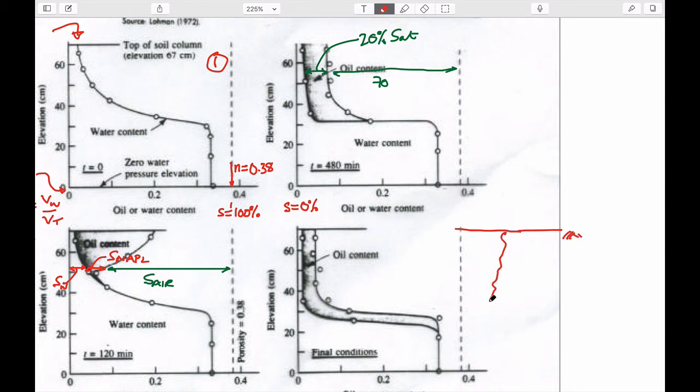This is this chimney that goes down here. This is the water table. This is this lens that sits on top of it. And this is this smeared zone that goes down through here.